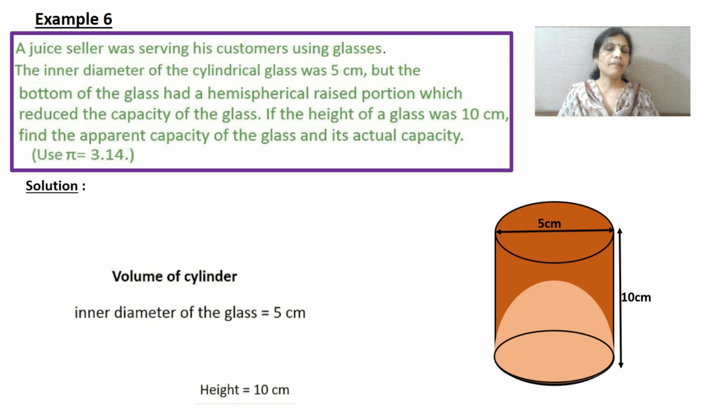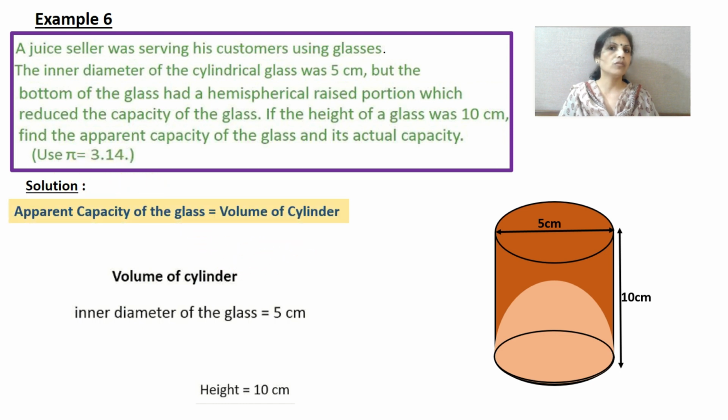Now apparent capacity means what? When you look at the glass, how much capacity you observe. So by looking at the glass, the apparent capacity is equal to the volume of the glass, and volume of the glass is the volume of a cylinder.